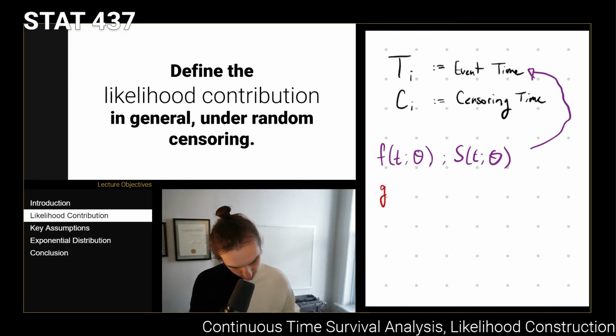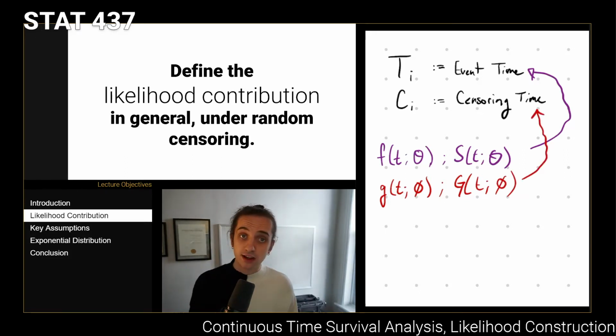Then we also use lowercase g with a phi, and a fancy G with a phi as well, as the density and survivor function for the censoring time process. So we're thinking about two different events that we potentially could care about: the actual event, and censoring as an event. We can think about jointly modeling the survival function of this in order to account for the random censoring that could go on.